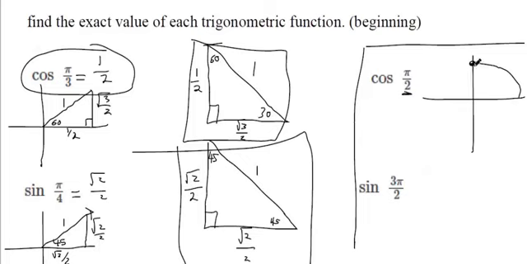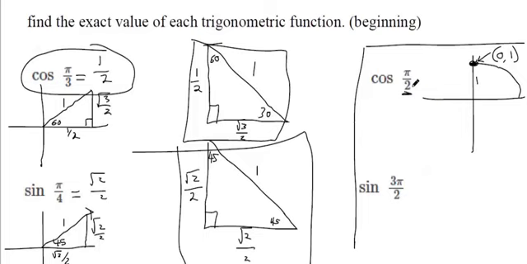You can find these values by figuring out what the point is here. If we're drawing this in the unit circle, then it's 1 unit away from the origin. So it's at 0 on the x-axis, and on the y-axis, it's 1 unit up. That's the point that represents the terminal side of pi over 2.